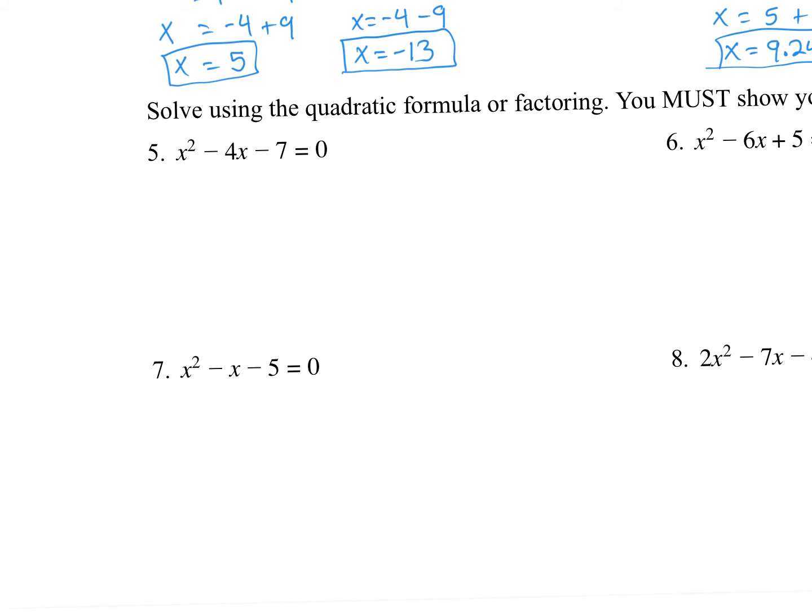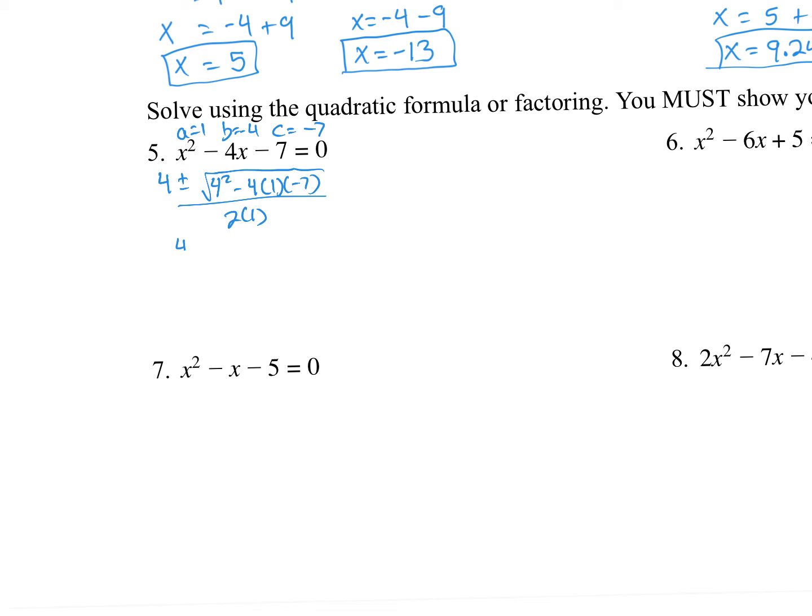So here I'm going to use our quadratic formula. a equals 1, b equals negative 4, and c equals negative 7. Plug that in. So here, 4 plus or minus the square root of 4 squared minus 4 times 1 times negative 7, divided by 2 times 1.